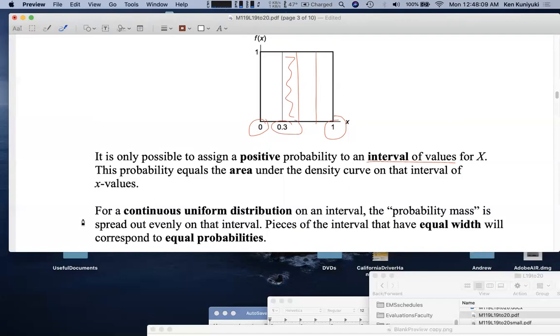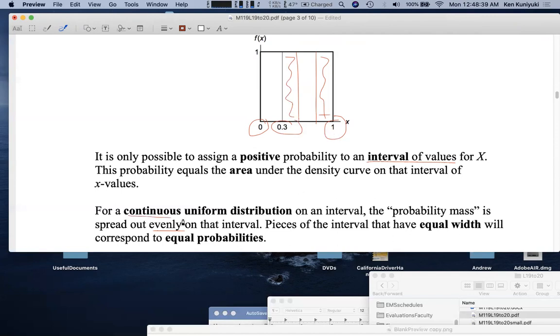For a continuous uniform distribution on an interval, the probability mass is spread out evenly on that interval. So pieces on the interval that have equal width will correspond to equal probabilities. For example, let's say that the interval here is the same width as the interval here. Then for a continuous uniform distribution, the area of this bar here will equal the area of this bar here, and the corresponding probabilities are equal.